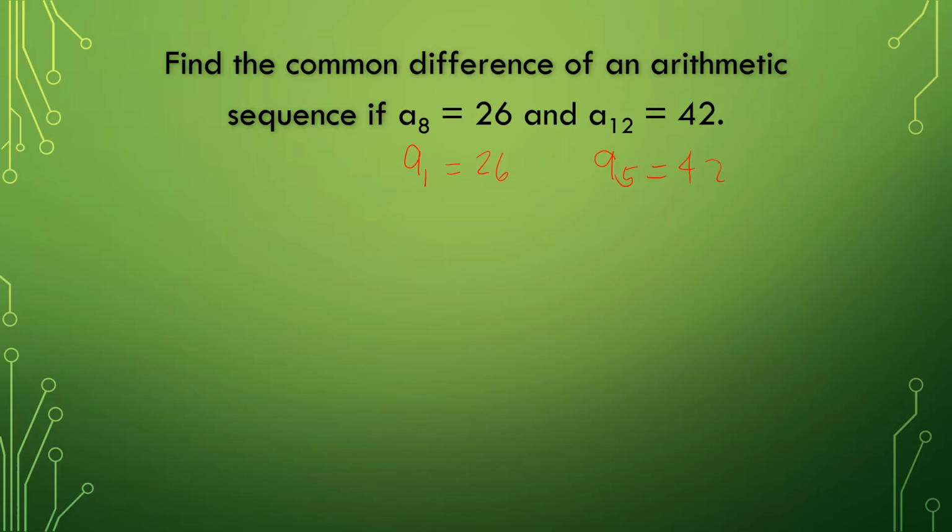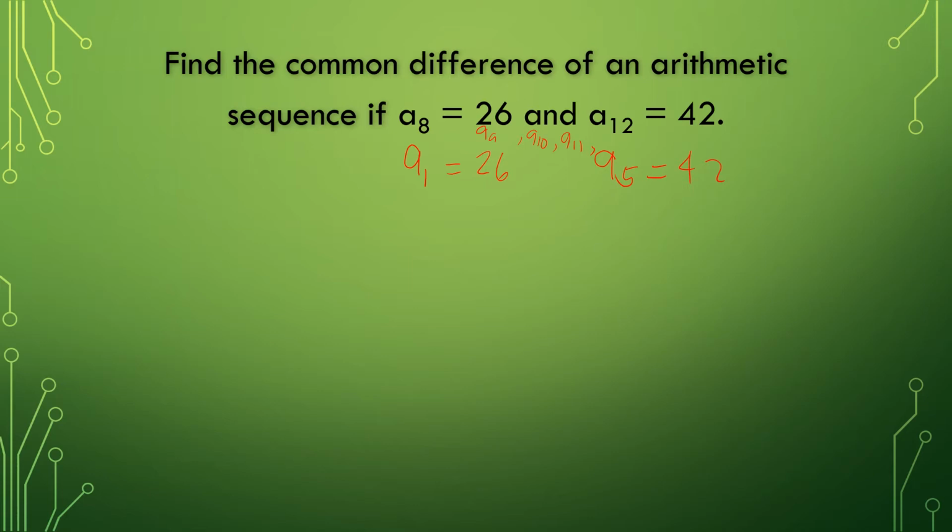So, this is a sub 1. A sub 8, a sub 9, a sub 10, a sub 11. So, this is a sub 1, a sub 2, a sub 3, a sub 4, and this is your a sub 5, 42.